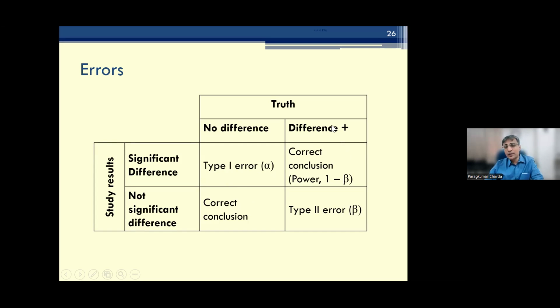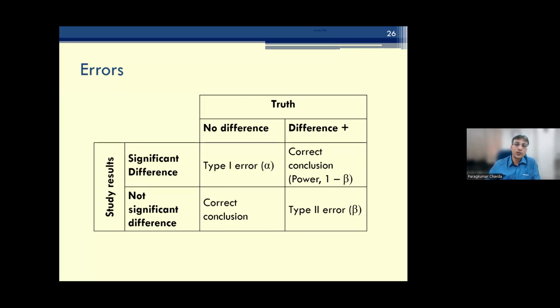Let's think of another scenario where in reality there is a difference, which means that there are two different treatment groups, and one treatment is better than the other. Obviously, we wish to try and find out that particular difference. So, for example, imagine you are interested in comparing 2 different cancer treatments. Whatever small the difference might be in the survival rates, we would obviously want to detect that difference.